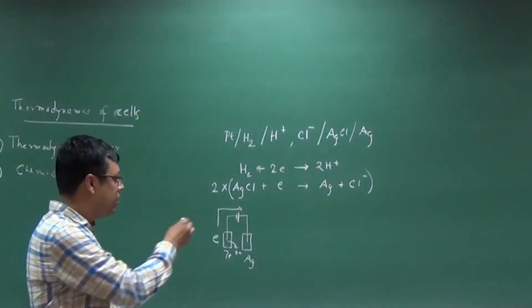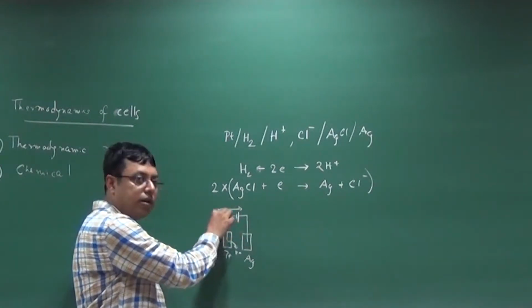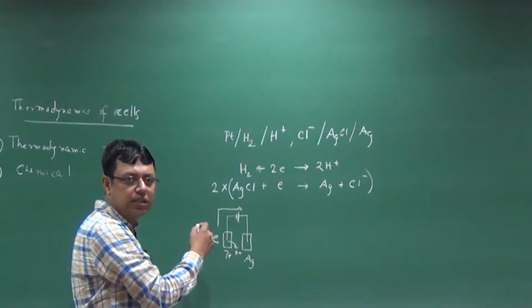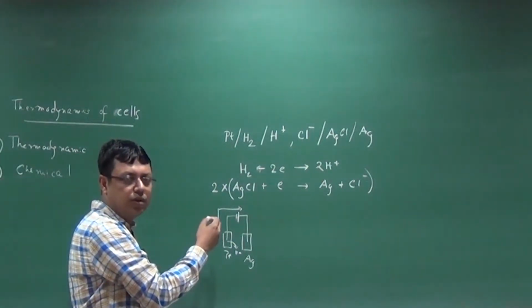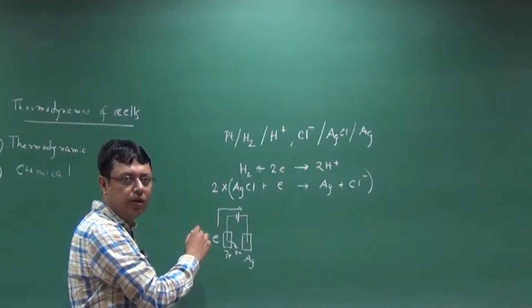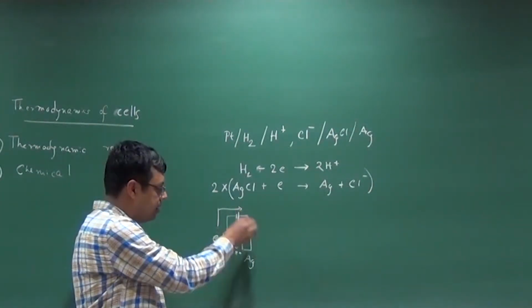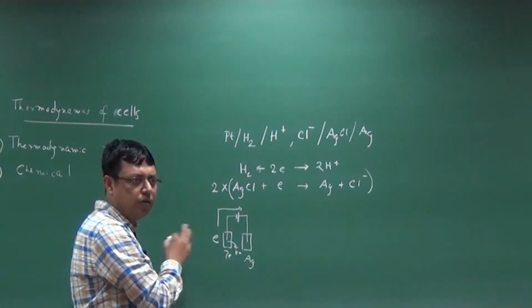Then if I keep on increasing the potential, at some point this will stop, which is equivalent to the zero current, or the stopping potential, or rest potential, or open circuit voltage for this cell. And then if we further increase it, the reverse reaction will happen, right? You know that.